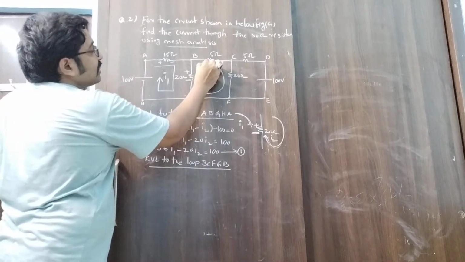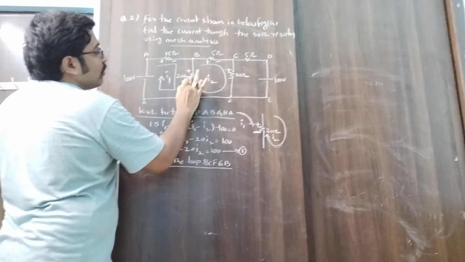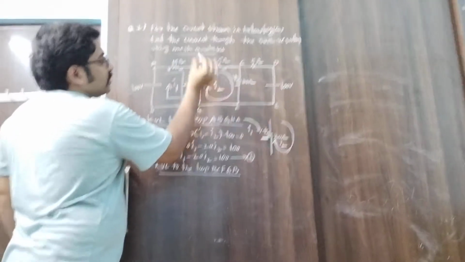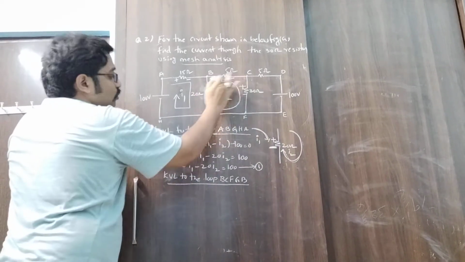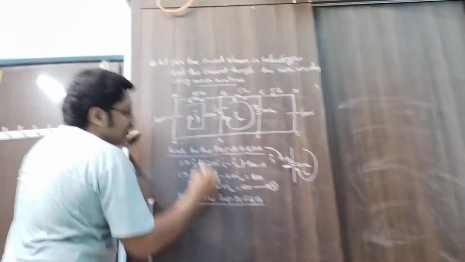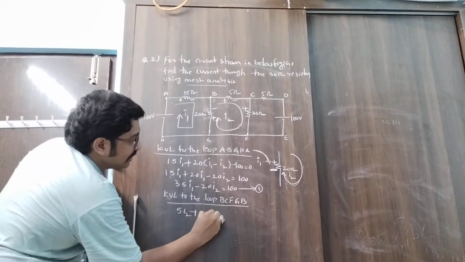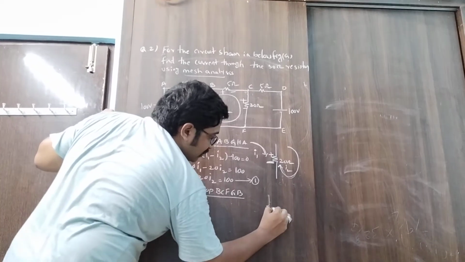Current entering is positive, leaving is negative. Now write the equation. Traveling from B to C, we are having the 5 ohm, so 5 times I2, plus 30 into... you are having the 30 ohm resistance like this.